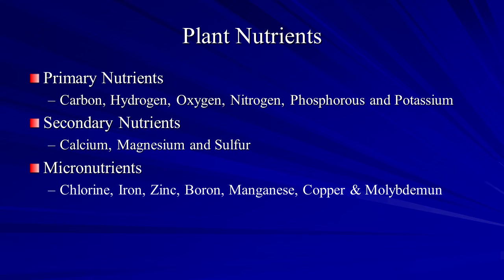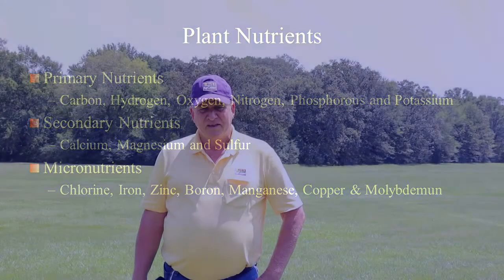And then there's 7 micronutrients that we rarely have an effect of or use in fertilization. It's very rare situations where we have a deficiency in the micronutrients. So we're going to talk mostly about the nitrogen, phosphorus, and potassium.